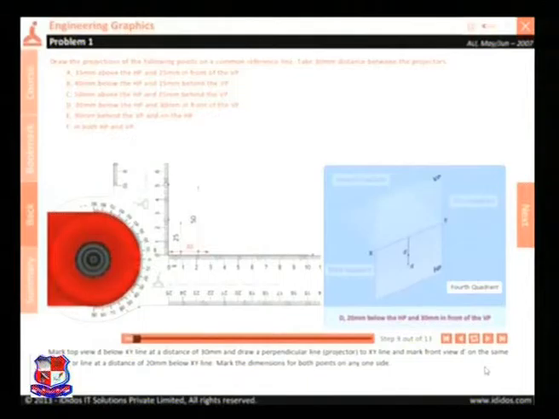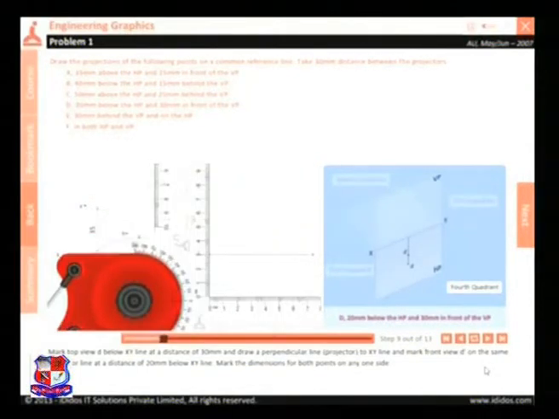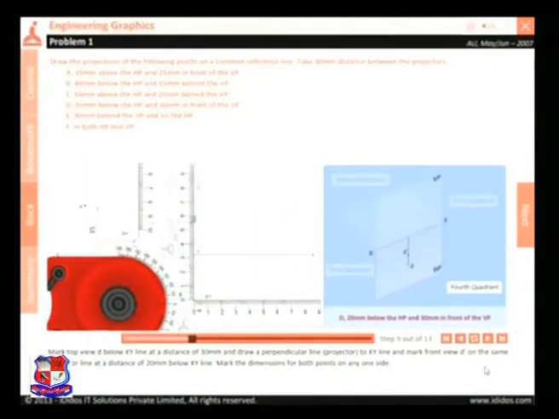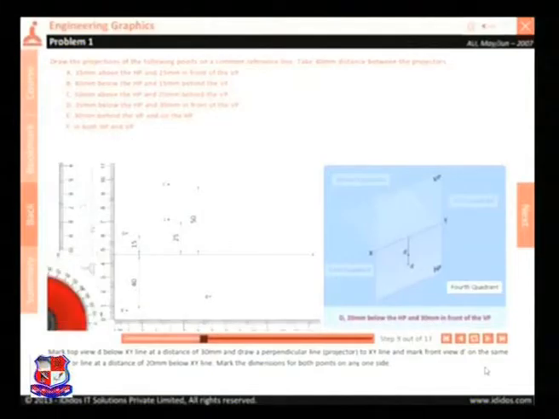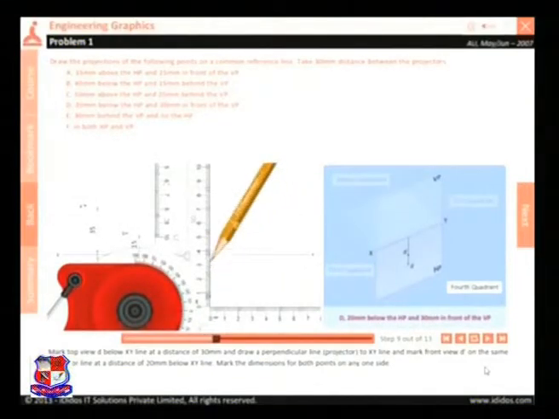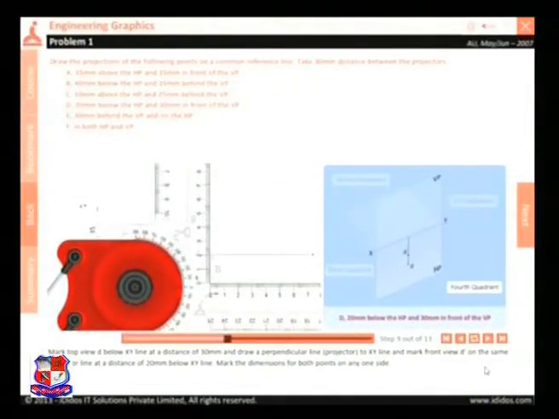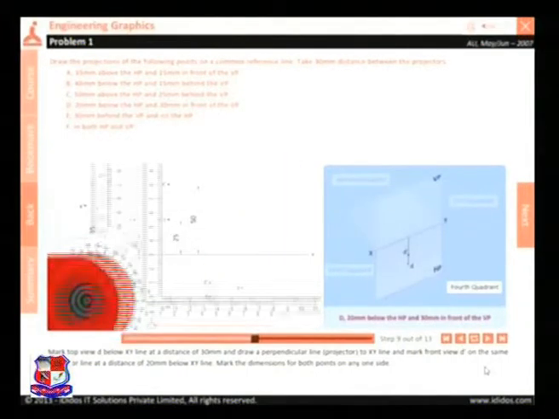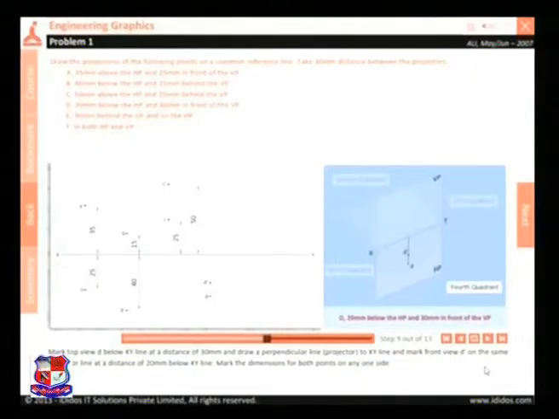Mark top view D below the XY line at a distance of 30 mm and draw a perpendicular projector line to the XY line, and mark front view D' on the same projector line at a distance of 20 mm below the XY line. Mark the dimensions for both points on any one side.